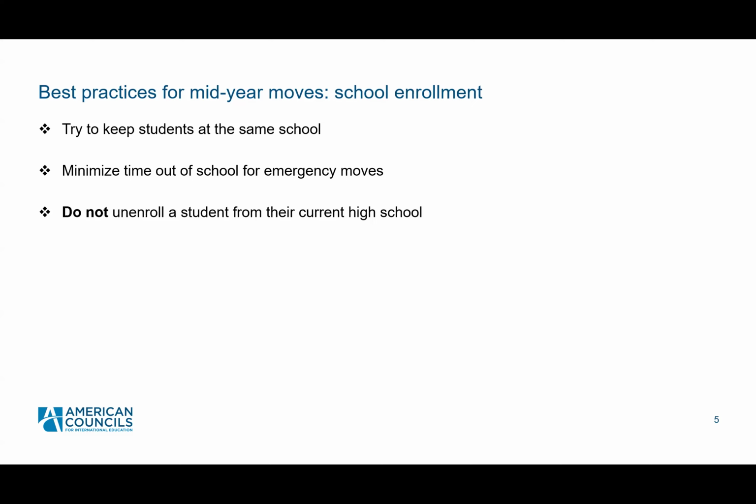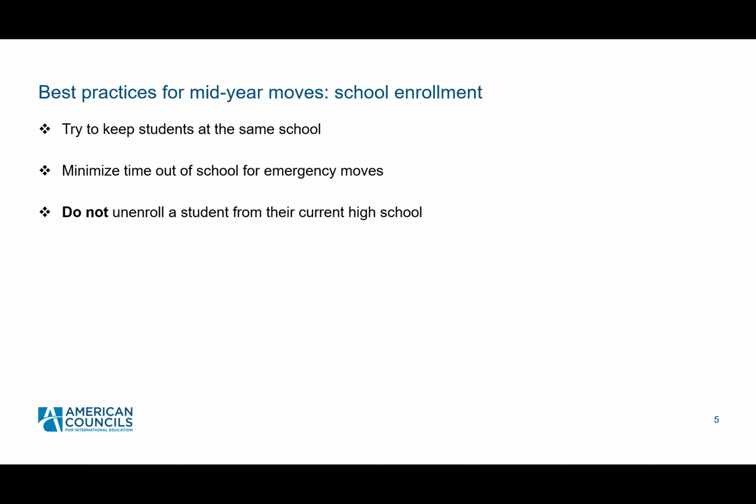Students have to be enrolled in a high school on a J-1 visa on this program. So we don't want to be in a situation where the student is unenrolled and has no school that they're actually attending in the United States. We're not saying deceive a school and hide things from them. It's more like just because they're out of this host family doesn't mean we're not actively trying to find them a new family in the same school district.